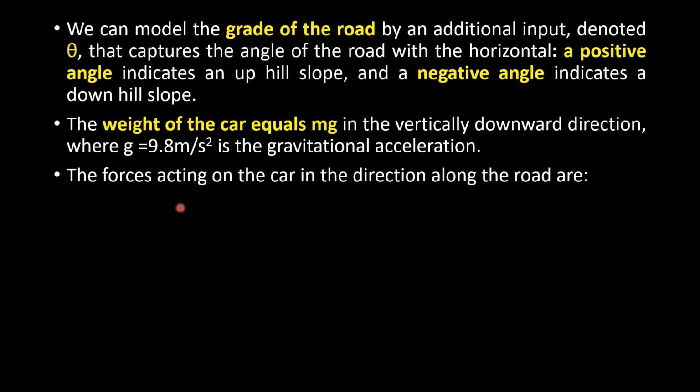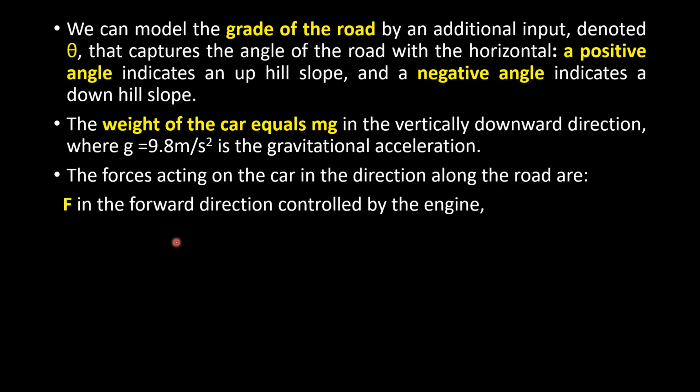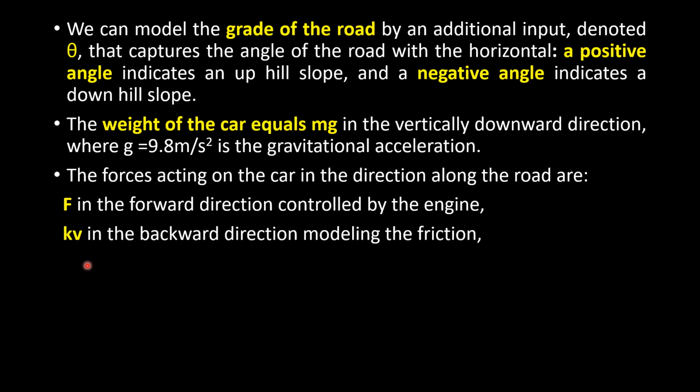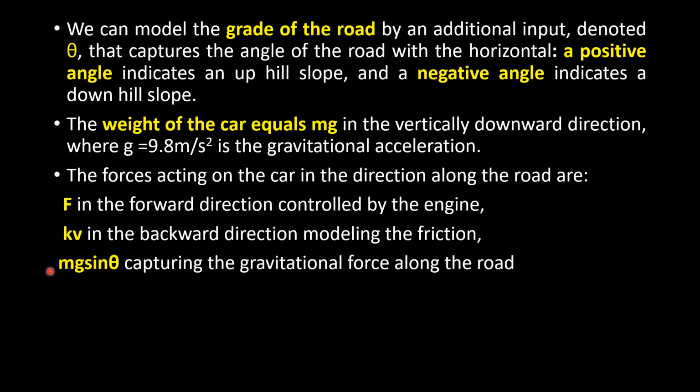So there are forces acting on the car along the road. First, F, the input force, is the applied force in the forward direction that can be controlled by the engine. Second, k into v, in the opposite direction, models the friction that exists in the car, with friction coefficient k and velocity v.